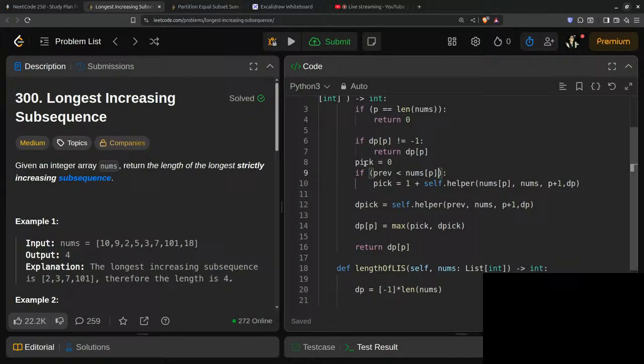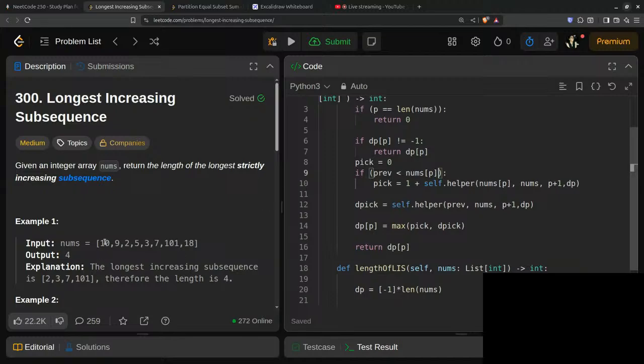So for the first element, I equal to 0, previous is minus 1001. So minus 1001 is less than 10. So I go inside here and I set pick. Now the problem is when it comes out and it tries to go for don't pick, it doesn't go in because of this. We never get to it.